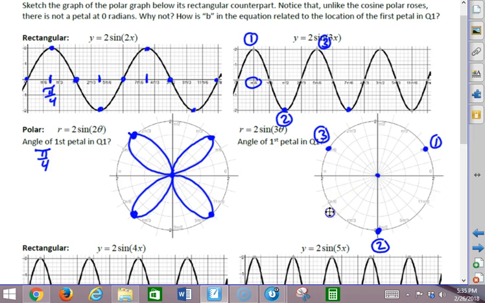Well, 7 pi over 6 is over here. So 7 pi over 6, negative 2 gets us back over to where we started from on 1. So this repeats back to this one. This one repeats back to this one.